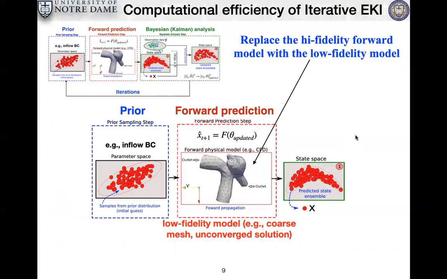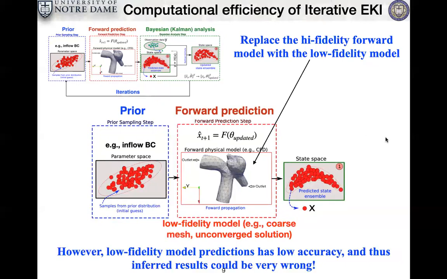In this way, we can largely reduce the computational cost of our model. However, the low fidelity model can predict results with very low accuracy, and the inferred results could be very wrong.